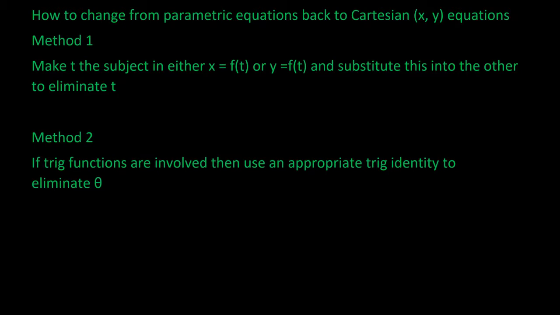For the first method, you'll take t and make it the subject in either the x or the y equation, whichever works best, and then substitute this into the other equation and hence eliminate the t. The second method is if you've got trig functions involved, then you're going to need to use an appropriate trig identity to eliminate the theta.